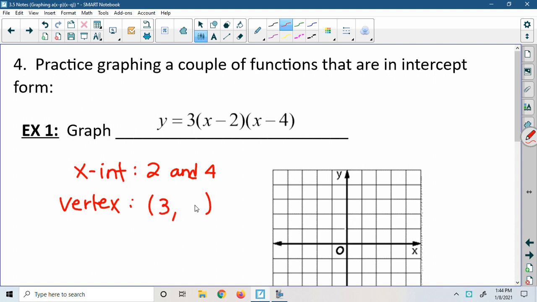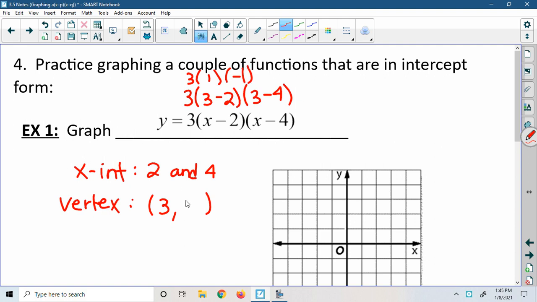To get the y-coordinate of the vertex, you're going to plug in whatever you just found as the x-coordinate of the vertex. I'll do it up here. So we're going to plug in a 3 for the x. So that'll be 3 times a +1 times a -1.